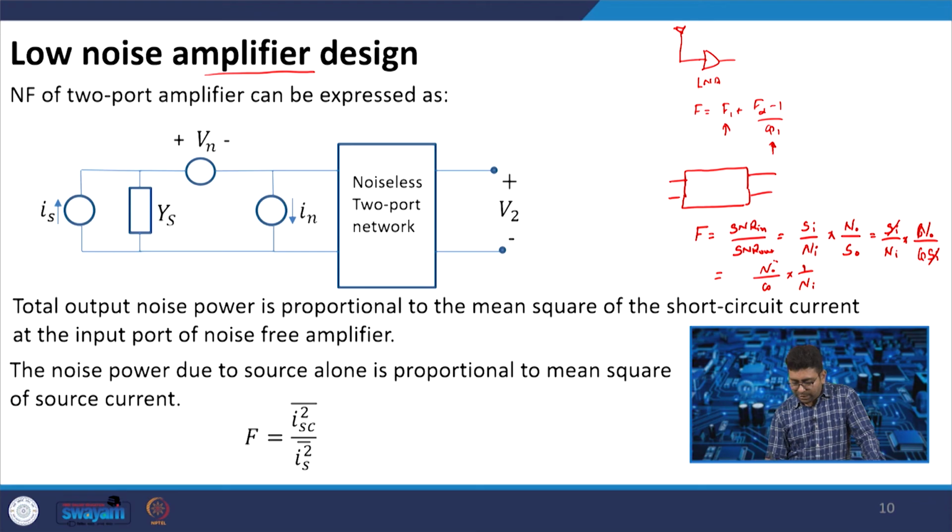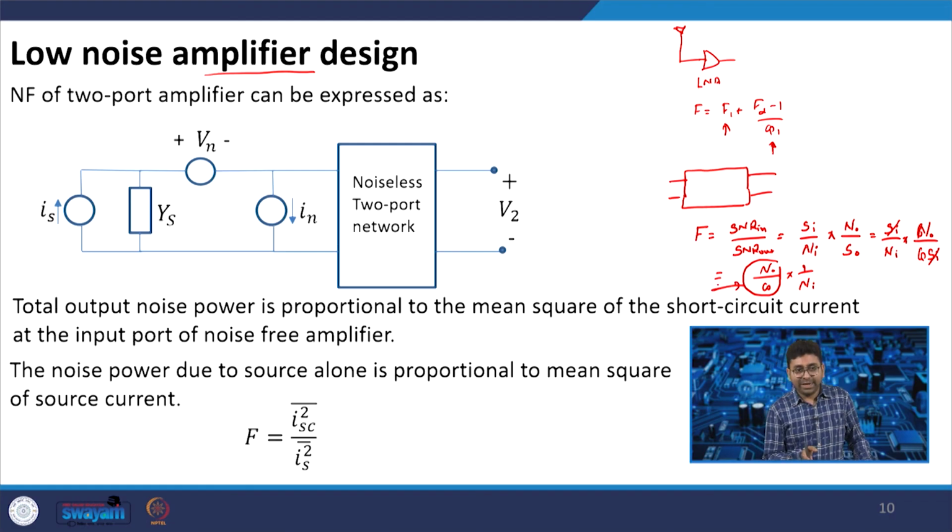Here you are dividing the output noise, meaning the total noise at the output, by the gain. When you divide it by gain, it is called input referred, meaning you are not considering the gain; whatever output noise is there, you are deriving it at the input side.